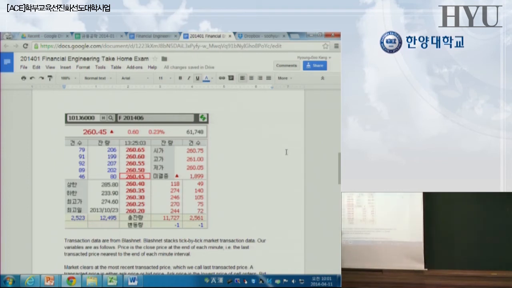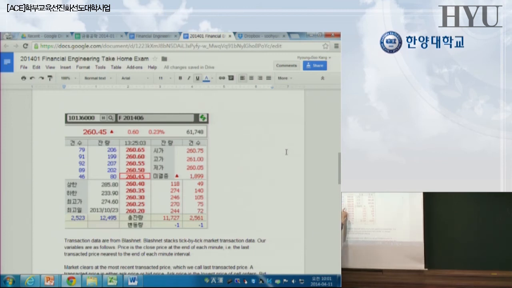Likewise, there is a higher price of 260.55, and there are 207 sell limit orders waiting to be executed if the price goes above 260.55. However, again, because the price is low, they are not executed. So we have a series of sell limit order prices and quantities.